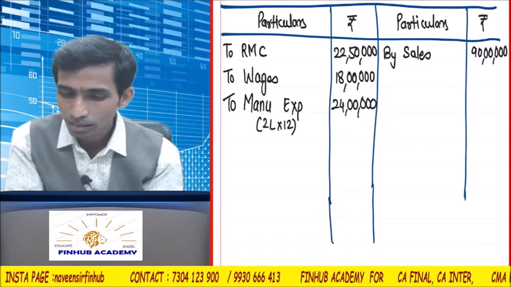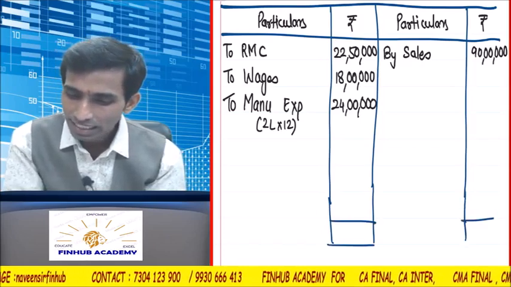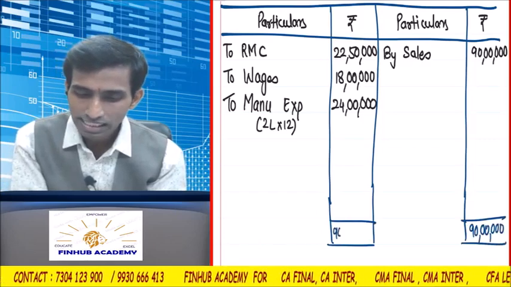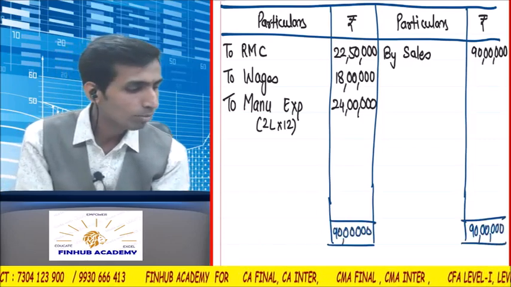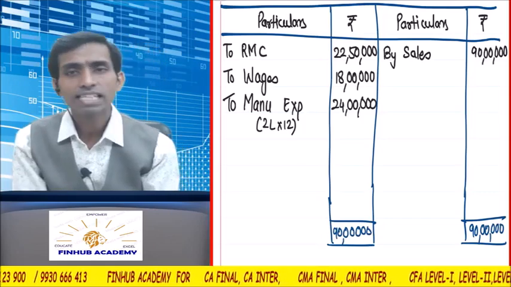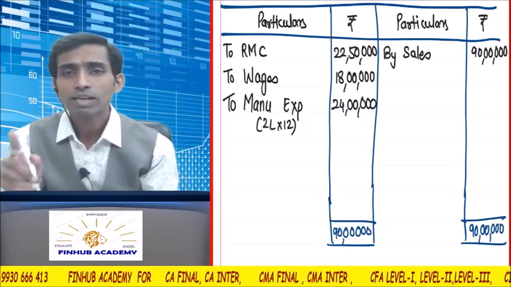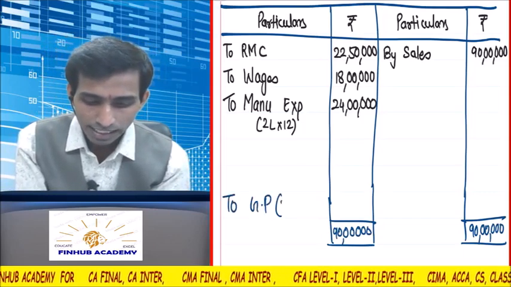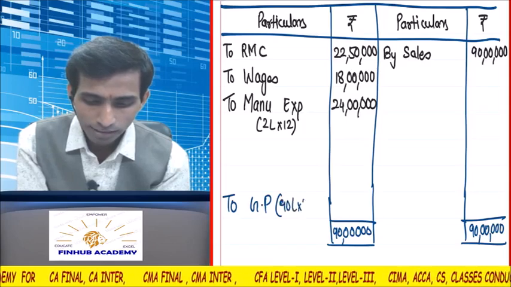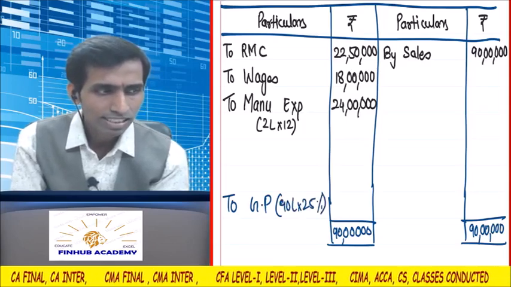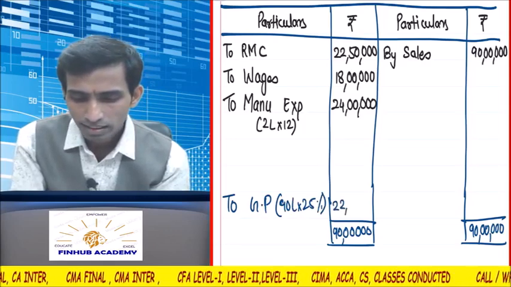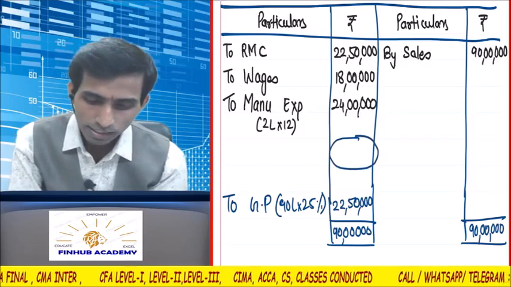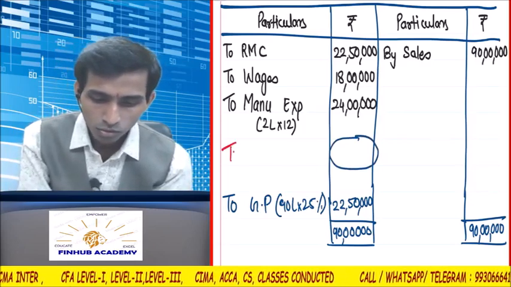Sales is how much? 90 lakhs. Total is 90 lakhs. Gross profit was given as 25%. 25% of 90 lakhs is how much? 22 lakh 50,000. Correct.